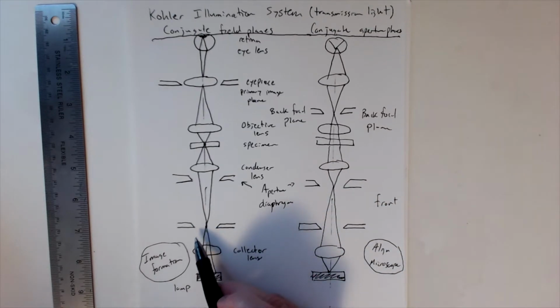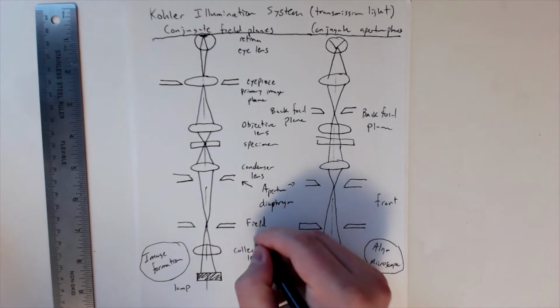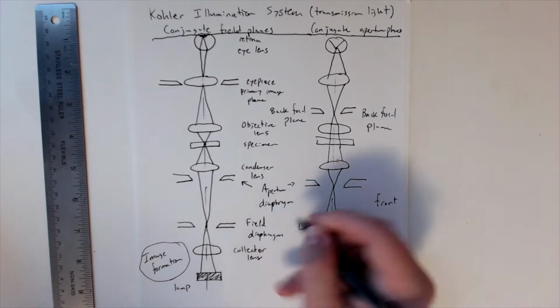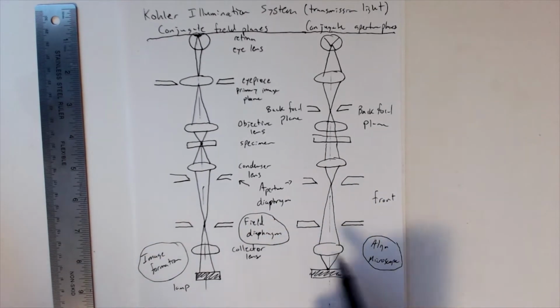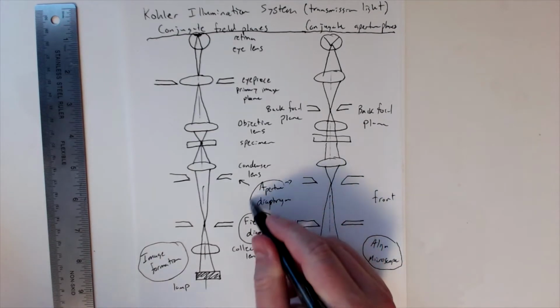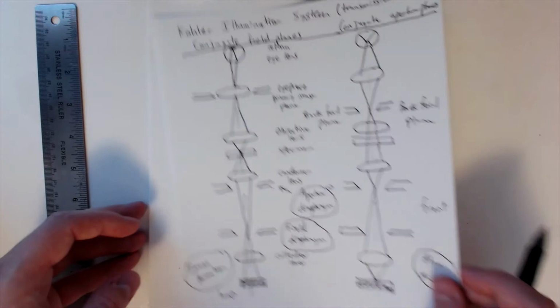The first one I drew here, this aperture or diaphragm, is known as the field diaphragm. So we have the field diaphragm here, again used for adjustment purposes, and we also have the aperture diaphragm. So these are the two I want to talk about in a little bit more detail. So let me start with a new page here.